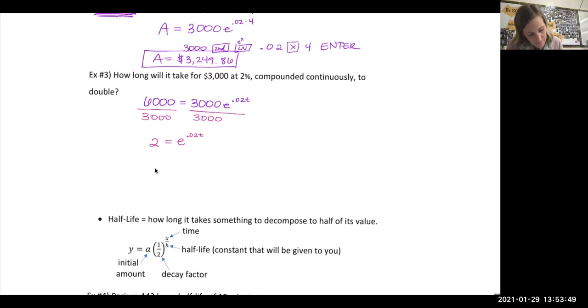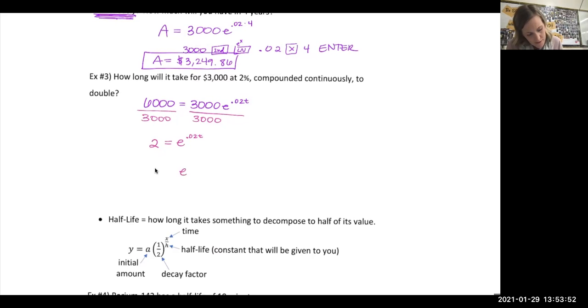So if I plug in e times 0.02 times 20, okay, what I'm looking for is I want a number here that is 2. Okay, so let's plug in 20. So you would go second, the ln to get e to the power, and then 0.02 times 20.